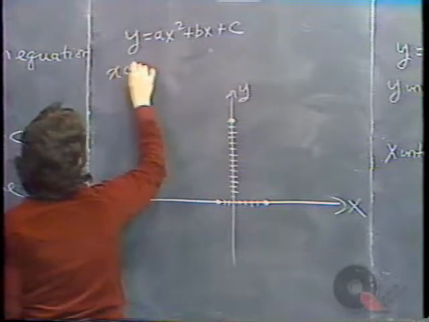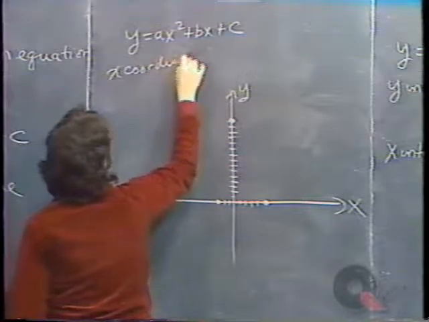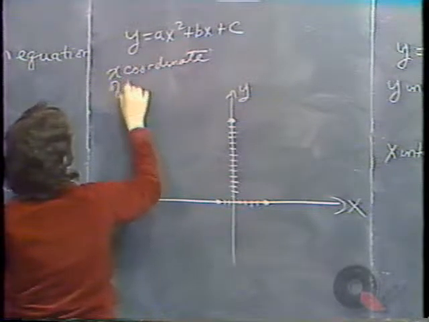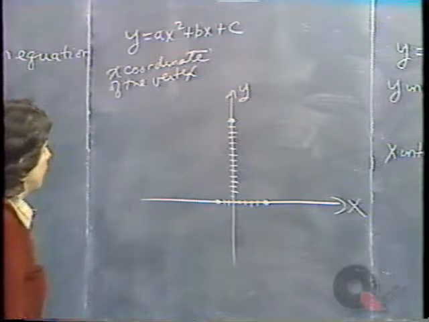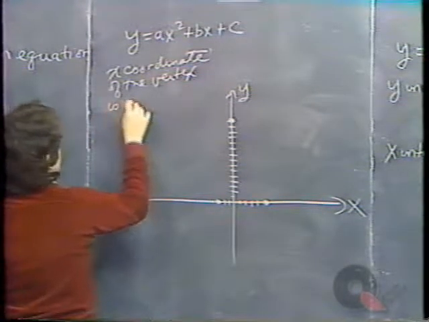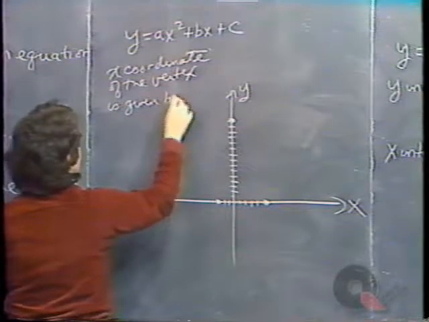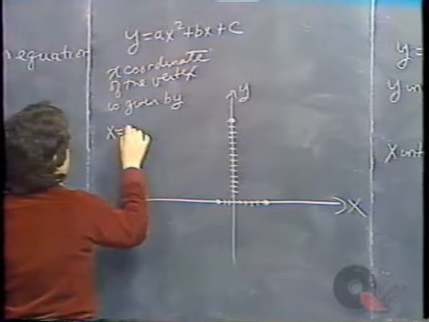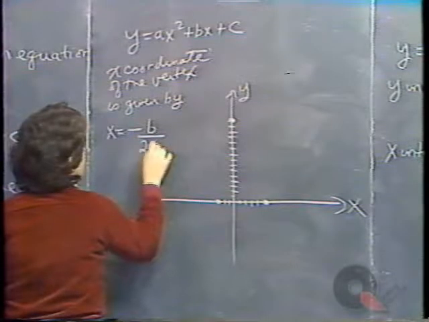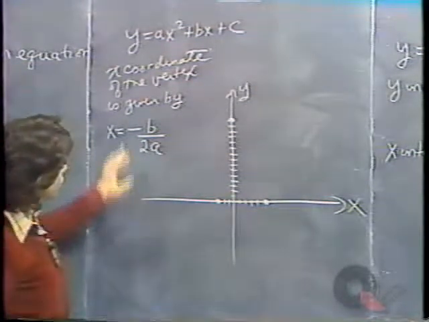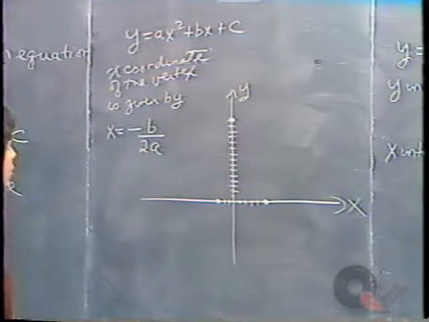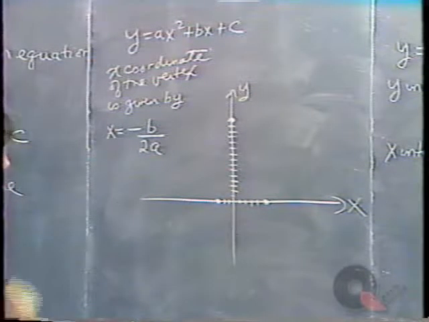The x-coordinate of the vertex or turning point of the parabola is given by x equals minus b over 2a. As I said, you can verify this by using the idea of completing the square.